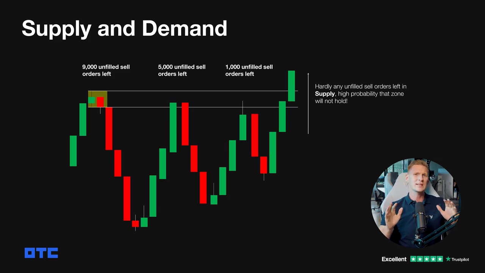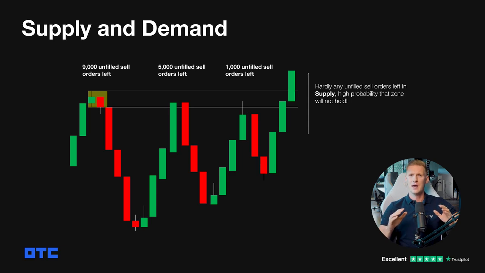Take this chart, for example. Suppose we have a supply zone with around 9,000 unfilled sell orders. In real trading, we never know the exact numbers, but we will use this for demonstration. If price returns to that zone, it's logical to sell because we believe unfilled sell orders remain.